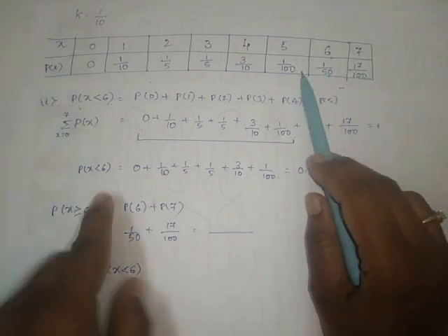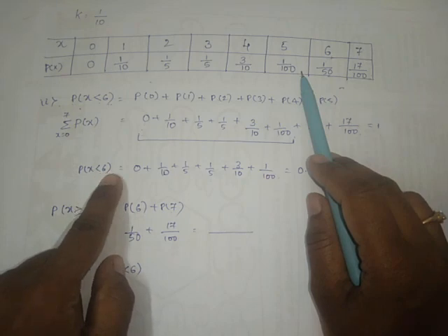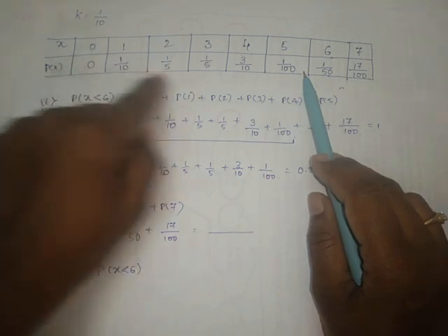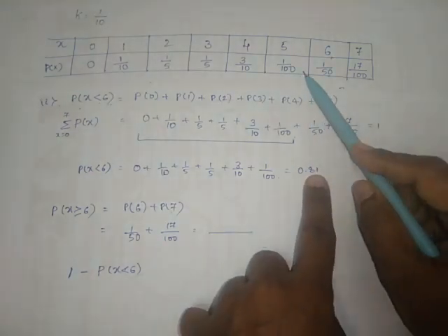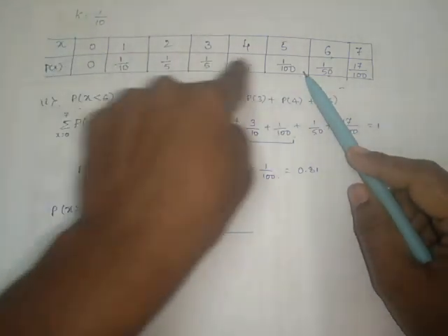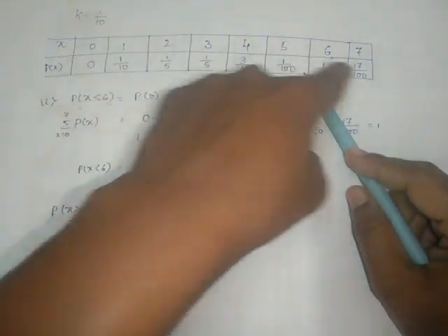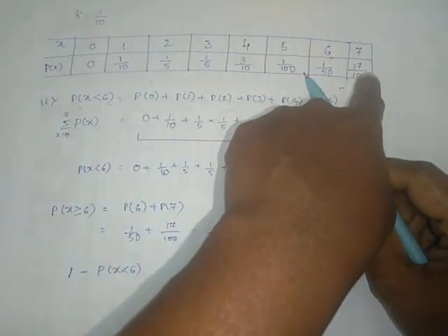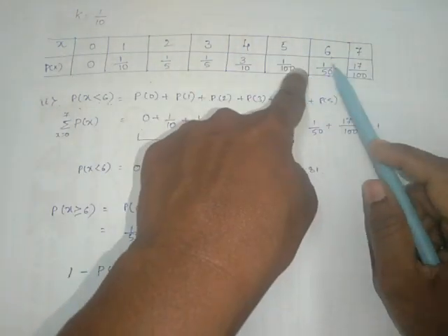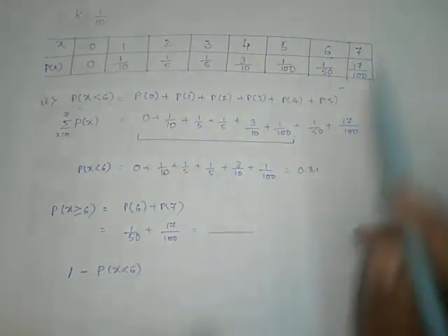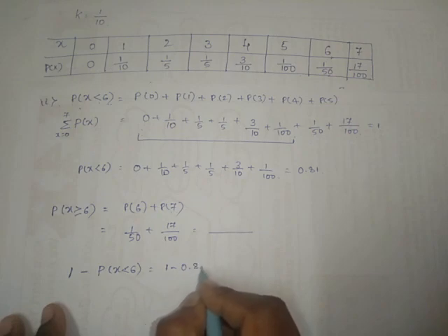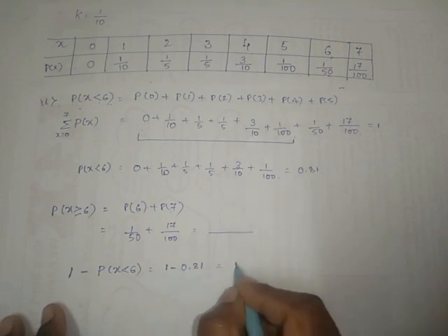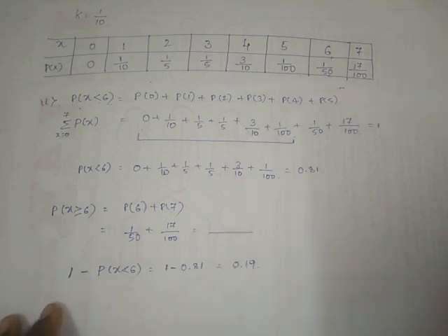In the last problem, P of X less than 6, we computed the value as 0.81. So from 1 if we subtract this, we will get this answer, correct? So 1 minus 0.81 is equal to 0.19.